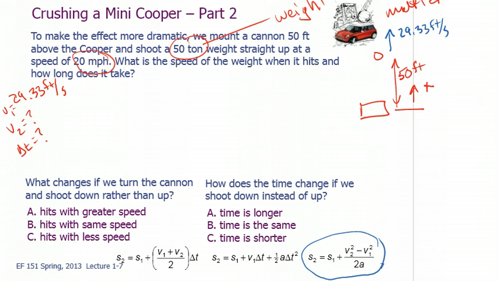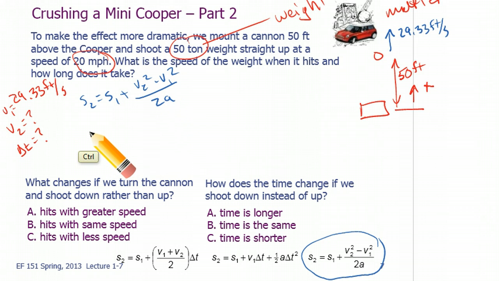Let me write that out, and then I'll give the solution for it. S2 equals S1 plus V2 squared minus V1 squared over 2A.